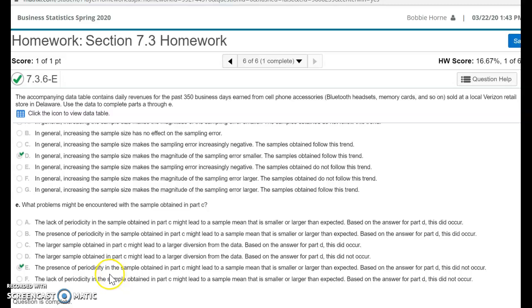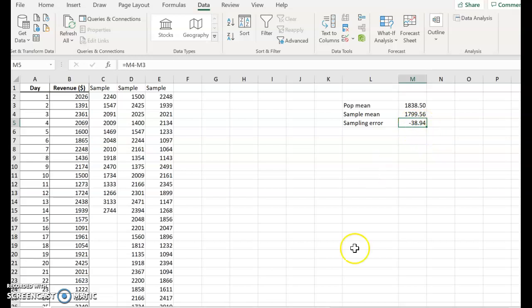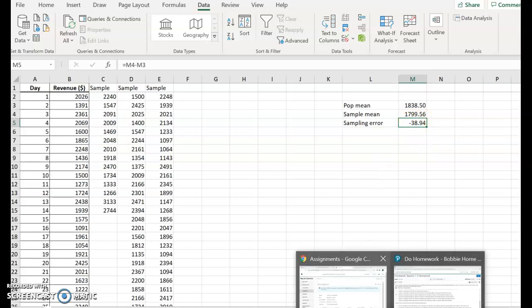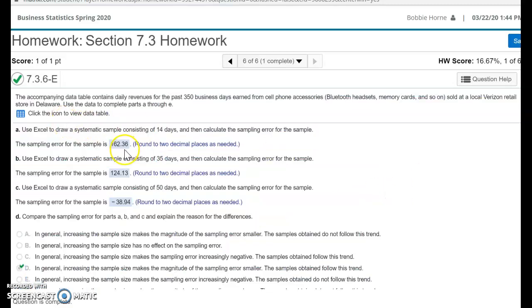So the presence of periodicity in the sample might lead to a sample mean being smaller or larger than expected, but it didn't occur here because, as we can see in our problem, let me scroll back up here, the sampling error continued to get smaller and smaller, which is what we would expect if our sample got larger.